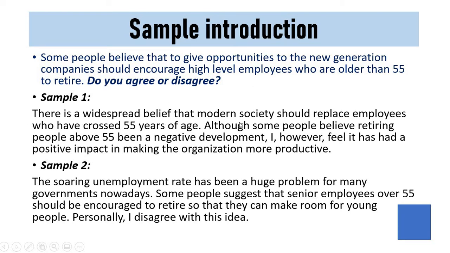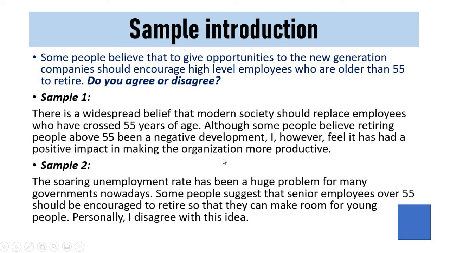There is a widespread belief that modern society should replace employees who have crossed 55 years of age. So here, older than 55 to retire, but here, replace employees who have crossed 55 years of age.